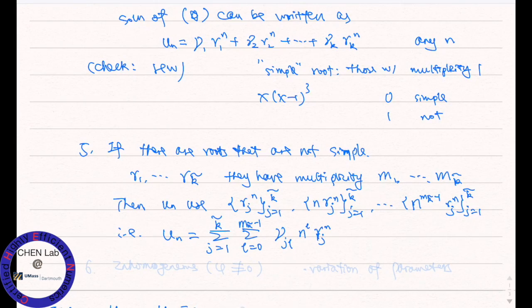Anybody remember that from ODE? For the inhomogeneous case, which is if that right hand side is not identically 0, then we use the so-called variation of parameters.